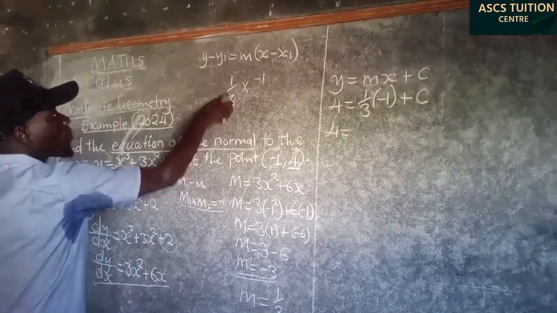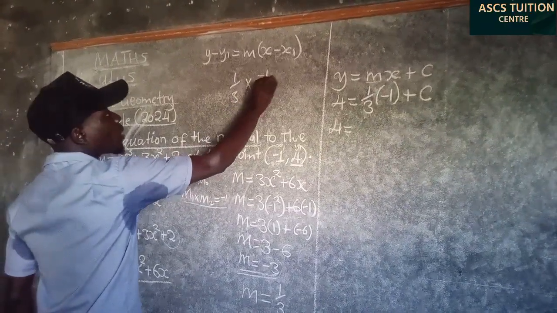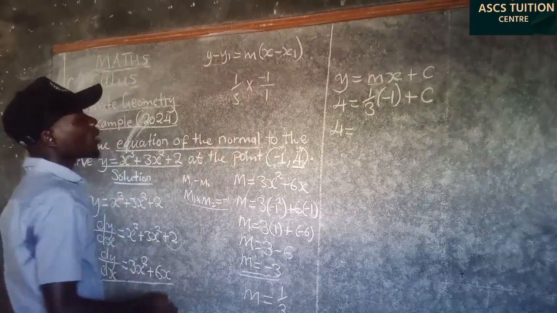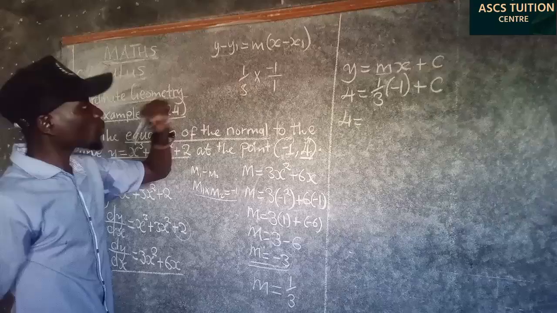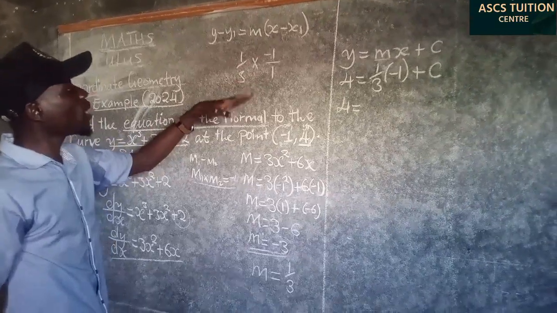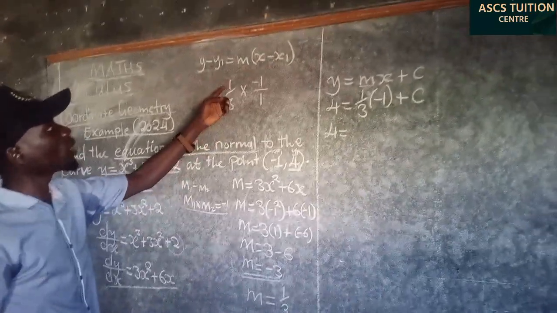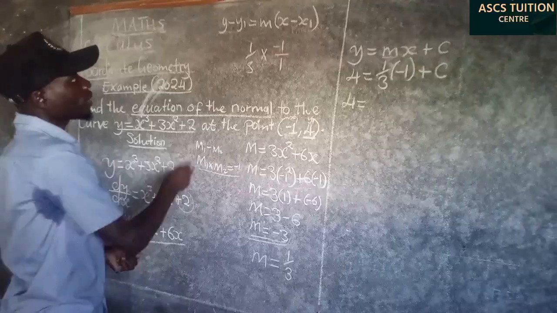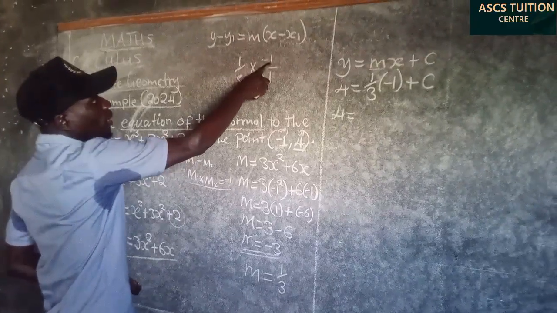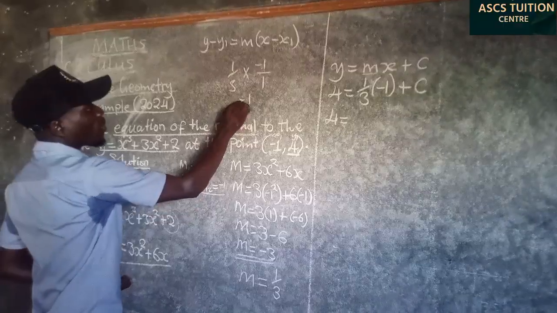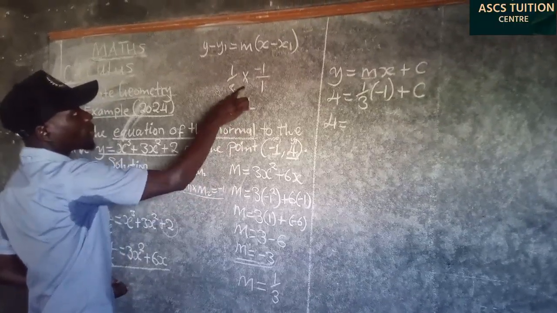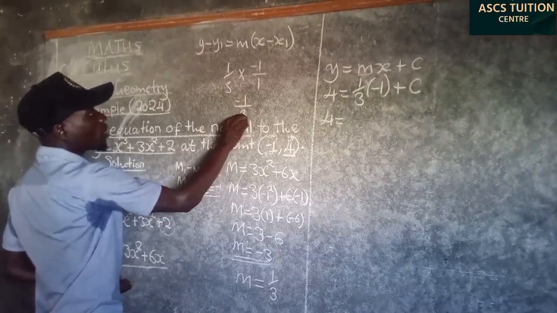Then since we have a fraction this side, meaning we have to balance up the fraction this side also. Thereafter, the opposite diagonals are not divisible, meaning you multiply the numbers directly. So you will say 1 times -1, the answer will be -1, over 3 times 1, the answer will be 3.